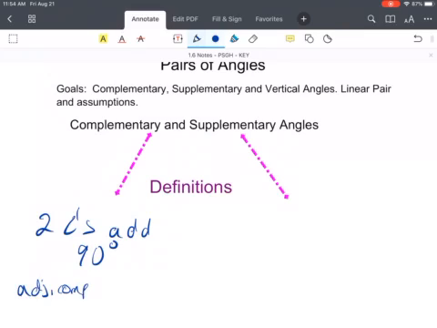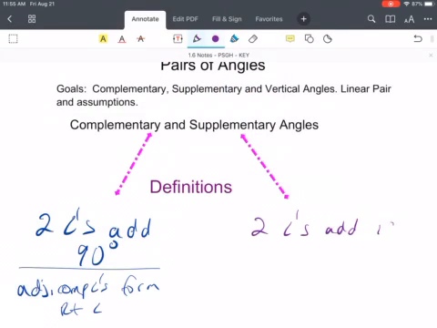Adjacent complementary angles also form a right angle. And then when we are looking at supplementary angles, we are looking at two angles that add to 180 degrees.